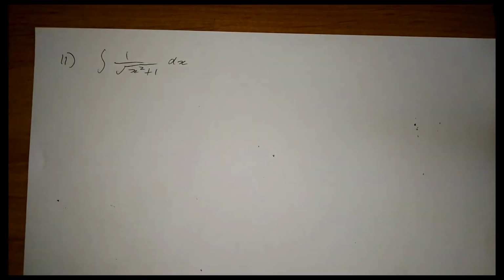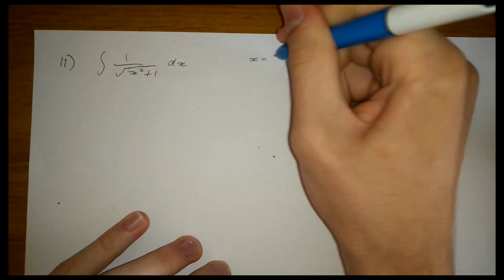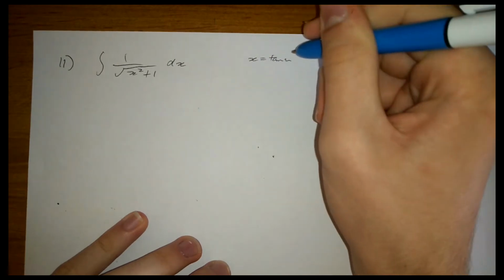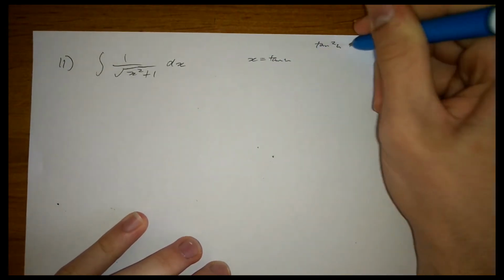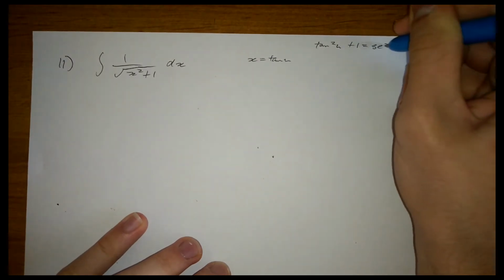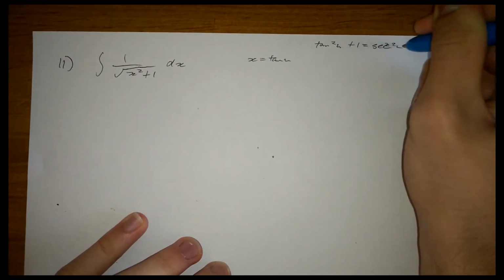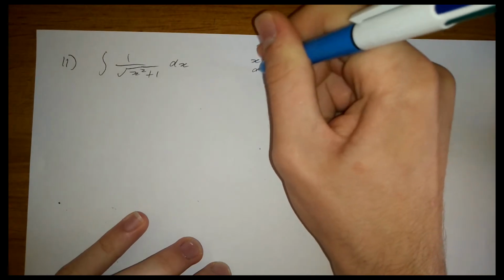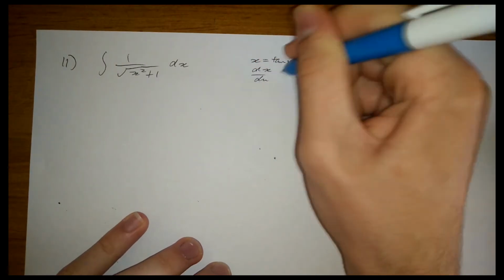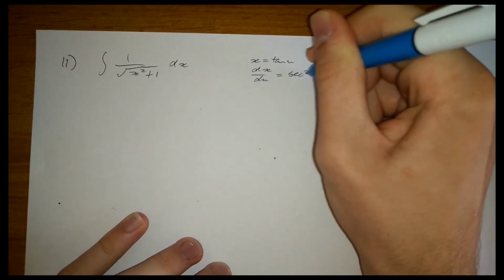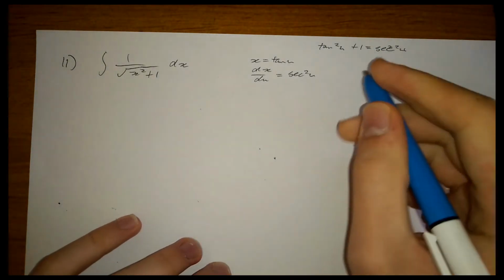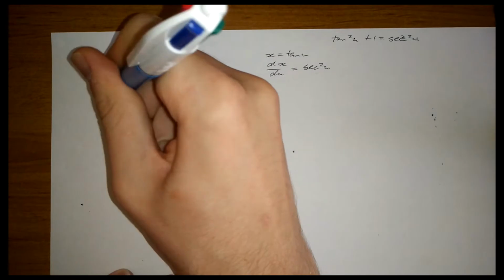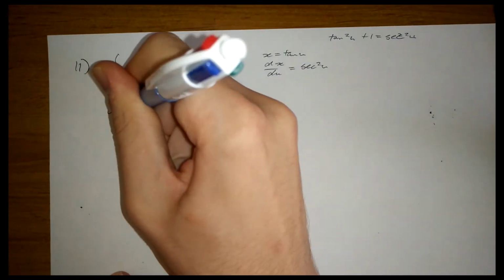So we'll let x equal tan u, because we're trying to use the identity tan squared u plus 1 equals sec squared u. So dx du is just sec squared u. Hence, we can just do that.